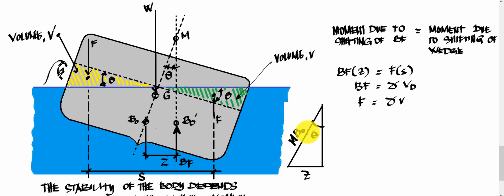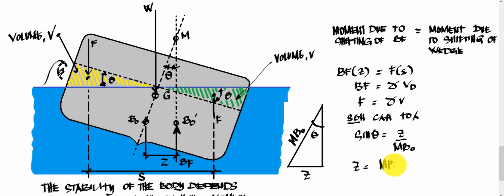If you're going to remember triangles, we have SOHCAHTOA to determine the value of Z. So this is the opposite, and we have your hypotenuse. We'll be using sine of theta is equal to your opposite, which is your Z, divided by your hypotenuse, which is your MB_O. Now to get the value of your Z, we have MB_O times the sine of theta.